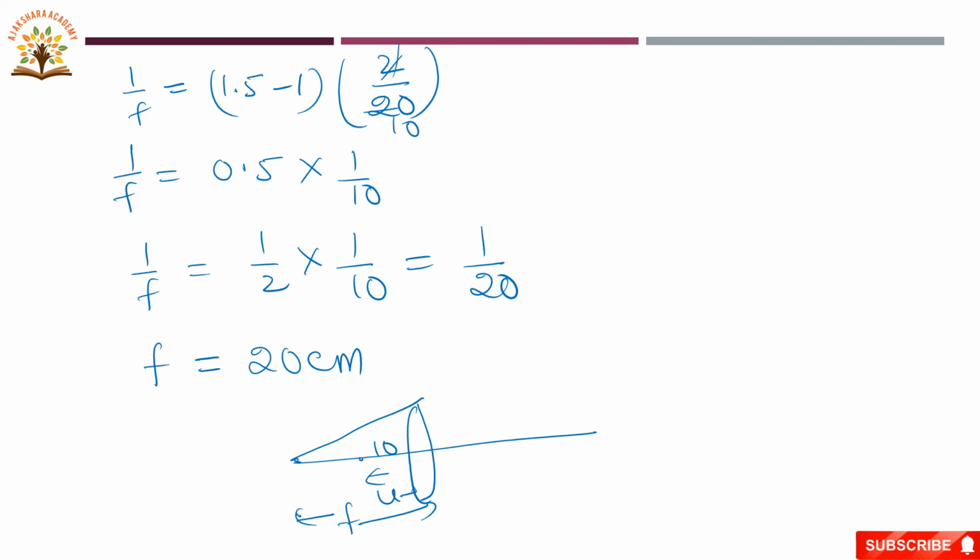From the lens formula, 1 by v minus 1 by u is equal to 1 by f. So 1 by v minus 1 by u, now substituting u as minus 10, is equal to 1 by 20.